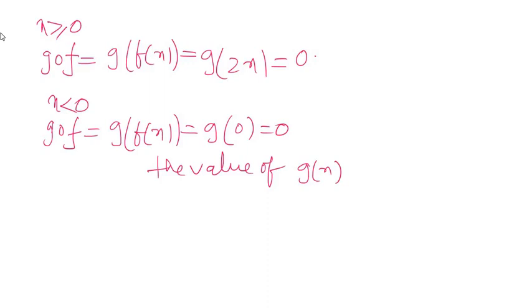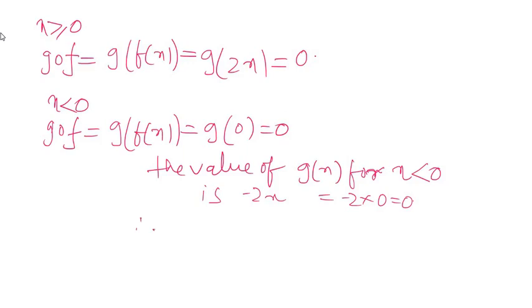The value of g of x for x less than 0 is minus 2x. That is nothing but minus 2 into 0, that is equal to 0.